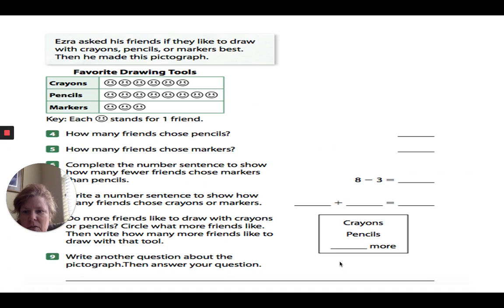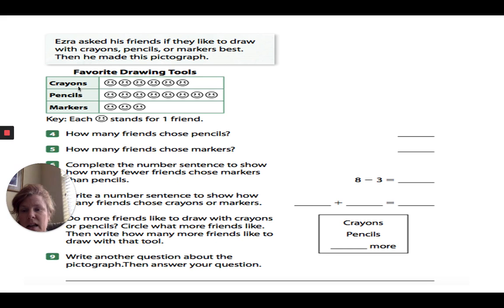So y'all should be pros at this because we've already done it. I'm going to let you work this one out for yourselves. The only thing that's a little bit different is they ask you down here, write another question about the pictograph, then answer your question. So you're going to come up with another question. Like you can say, how many crayons, pencils, and markers in all?